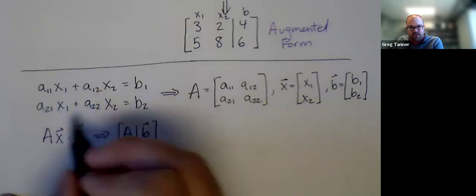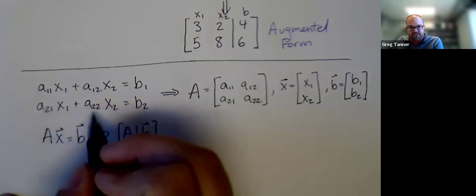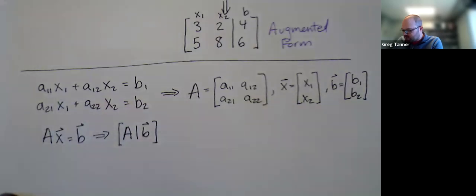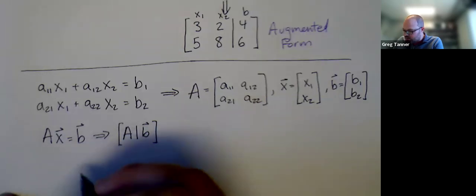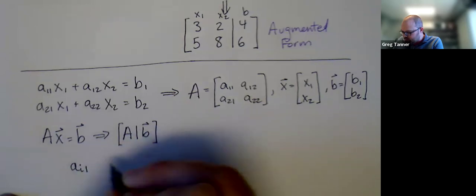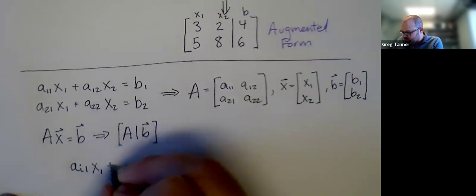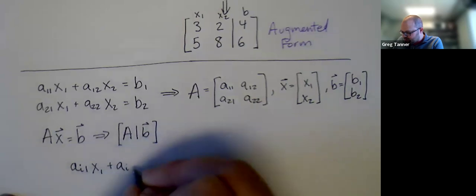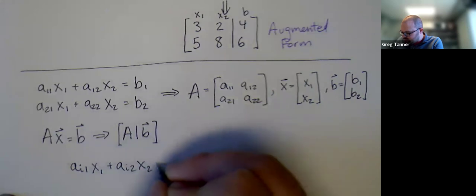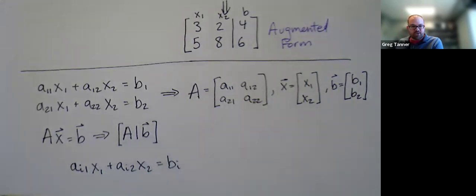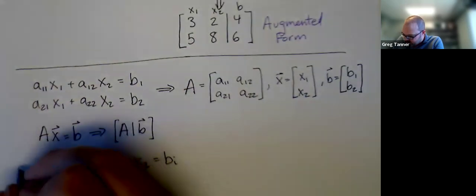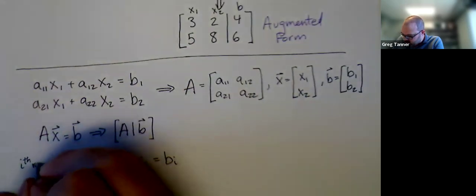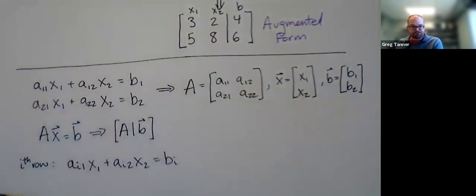And in this row, the first index of both the A's is 2, and the index of the B is 2. And so in summation notation, I can think of a generic row as being Ai1 x1 plus Ai2 x2 equals Bi. For a generic row, maybe my ith row looks like that.